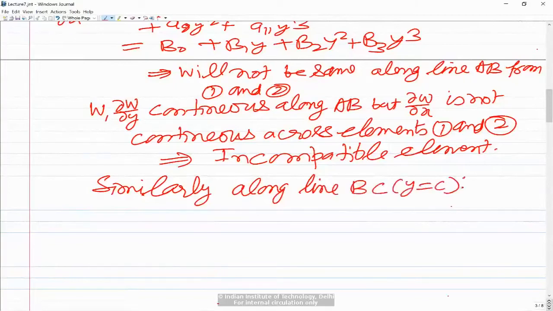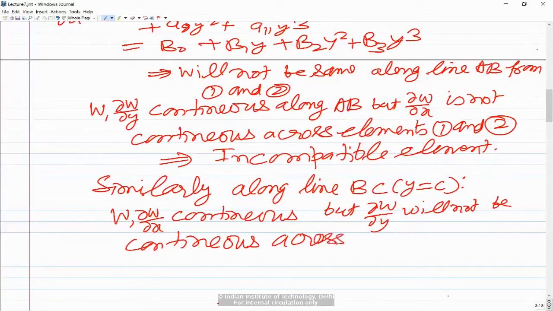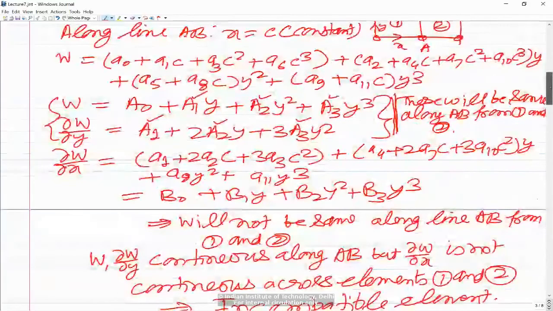So you will actually find that along BC, W and del W by del X will be continuous, but del W by del Y will not be continuous across elements 2 and 4.